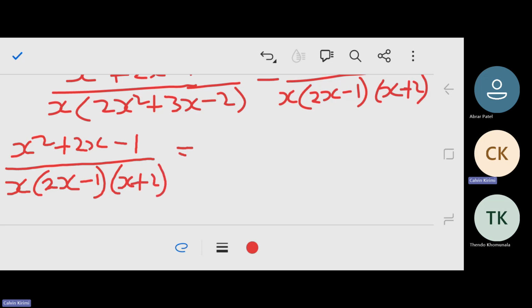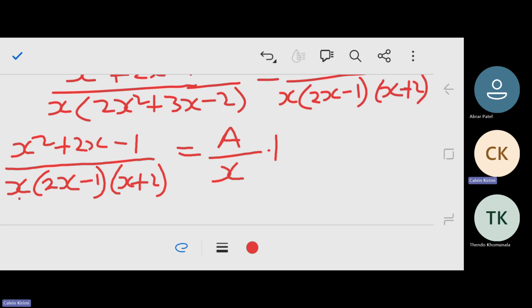So this can be written as, we don't know the constant, A over the first expression. So the first expression will be x. Now we are splitting it into partial fractions. So this is the integration by partial fraction which we are trying to do.